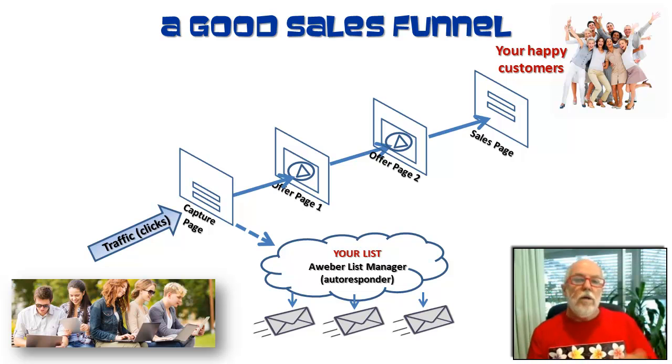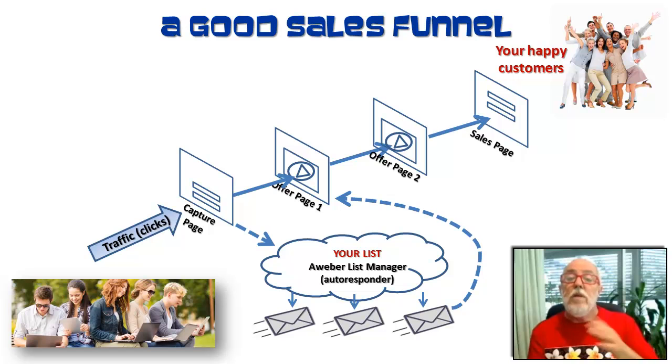Aweber is the typical one, and Get Response is another. There are lots and lots of autoresponder list managers around. You capture them in your list manager, and then you drip feed them emails to explain your product and build a relationship, so you can build trust. There's a funny thing about people when they buy: a lot of people are just tire kicking.